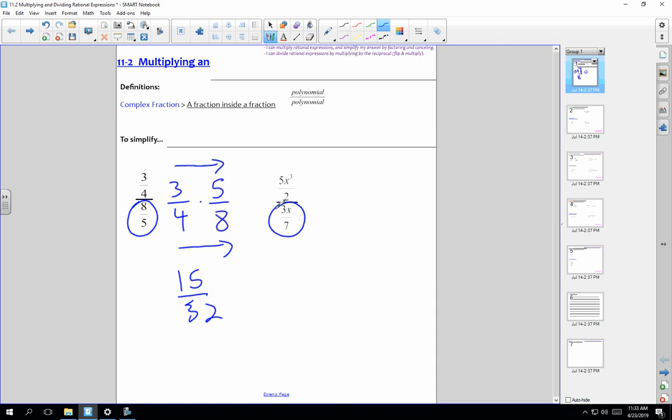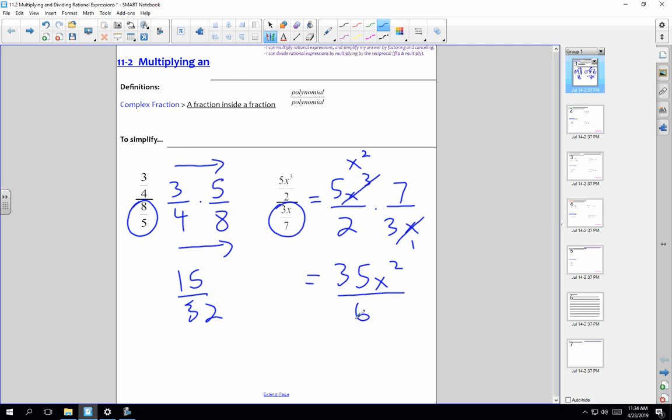There will be a little cross-canceling that can happen. With the x's here, I can cancel out, make that x squared. That's just 1. Multiplying straight across gives me 35 x squared over 6.